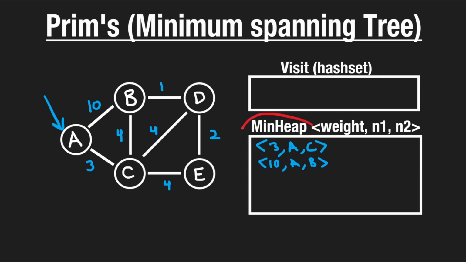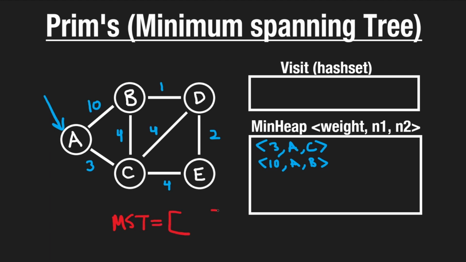We could run the algorithm such that while the min heap is not empty, we're going to keep popping. But we could also have a different condition to continue the algorithm, which would be while the length of our visit hash set is less than the number of nodes, if that's a parameter that we're given. That would be one criteria to continue the algorithm. We also are going to be building our minimum spanning tree. That's going to be a list of edges, if you recall.